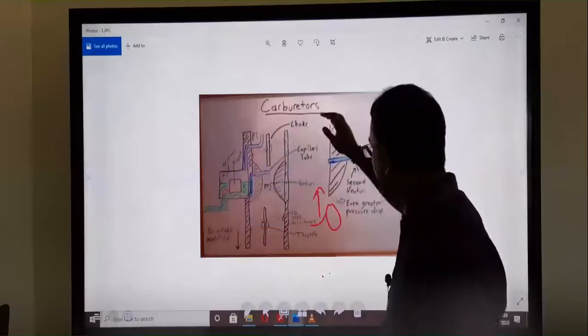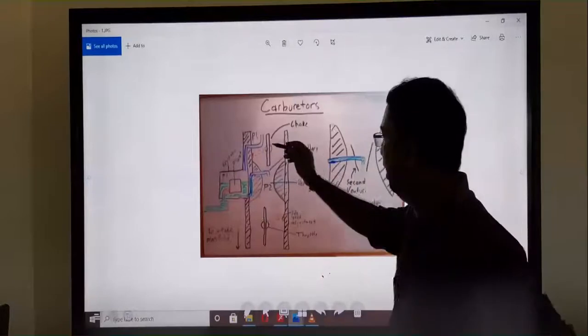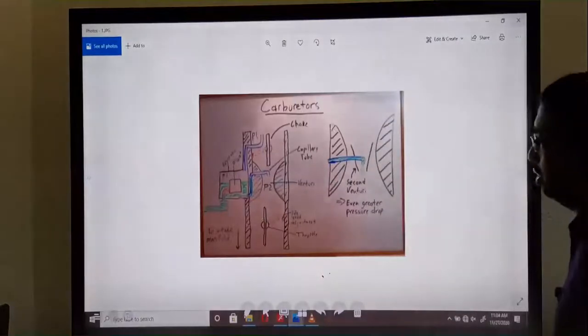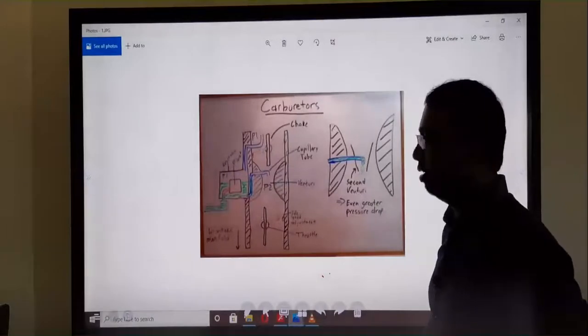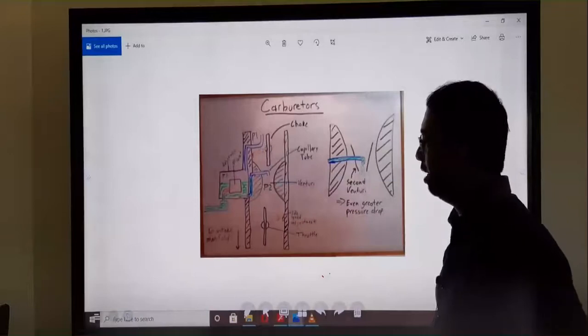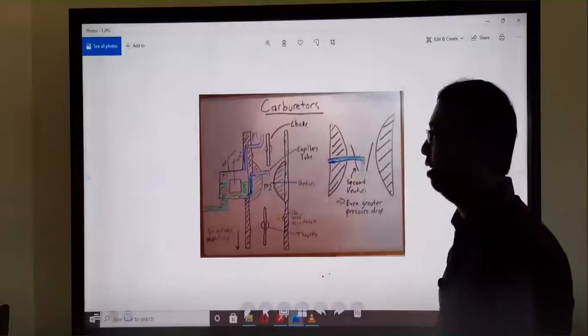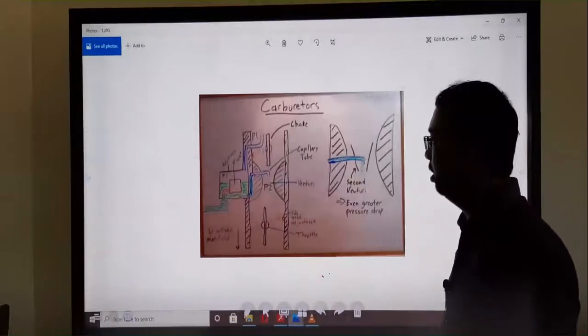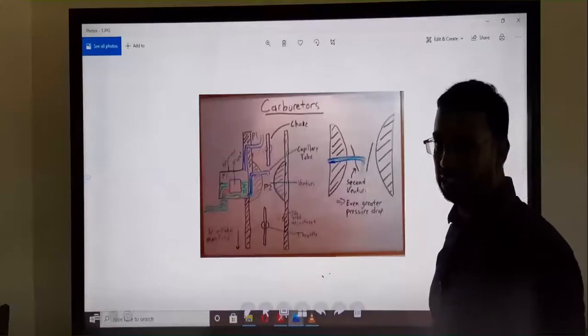There is also a separate choke valve here. Why is this choke used? In the morning or in cold weather, the vehicle's engine also gets very cold, so it takes some extra fuel to start the engine. At that time we can adjust the choke valve manually.